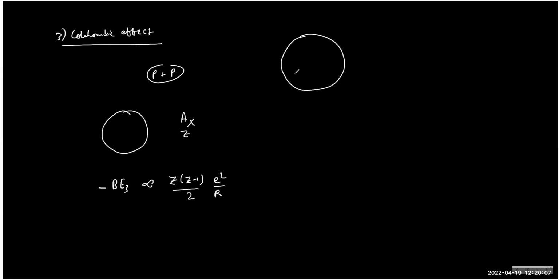If you talk about the protons, the closest proton can be at zero separation, and the farthest proton can be at 2R separation. So we define the mean separation as minimum plus maximum by 2, which turns out to be R. So we take R as the mean separation, the average separation between the various protons.